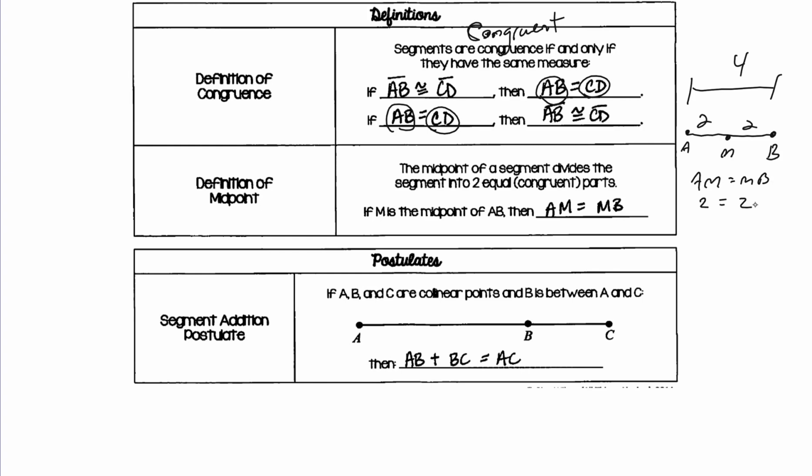All right, postulates. So segment addition postulate. If A, B, and C are collinear points, and B is between A and C, then AB plus BC equals AC. So think about it.